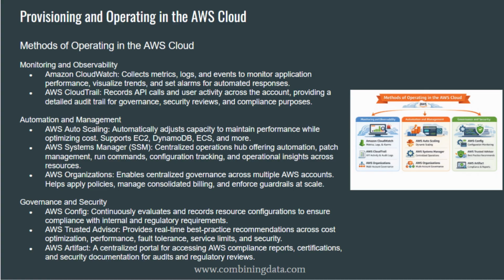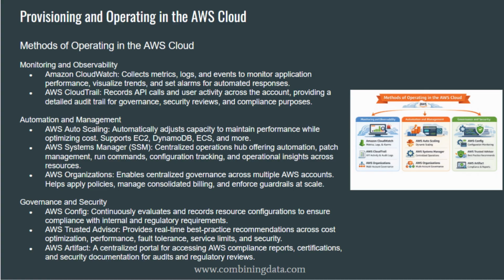Second, automation and management. Modern cloud operations rely heavily on automation to reduce manual effort and human error. AWS Auto Scaling automatically adjusts resource capacity based on demand. It supports services like Amazon EC2, DynamoDB, and Amazon ECS.